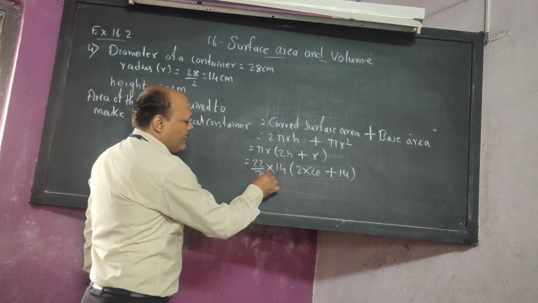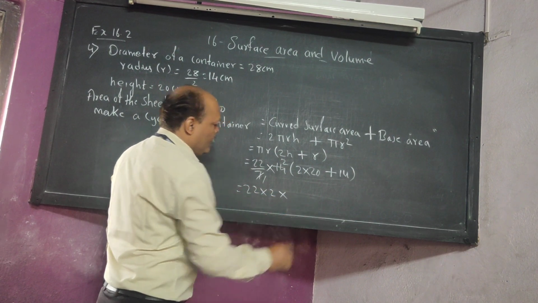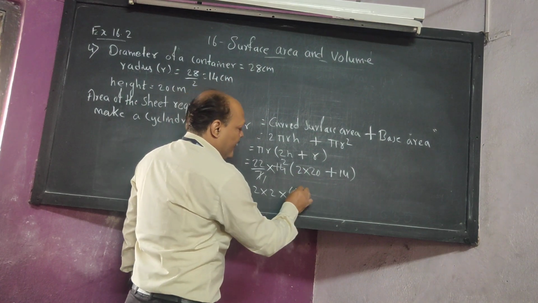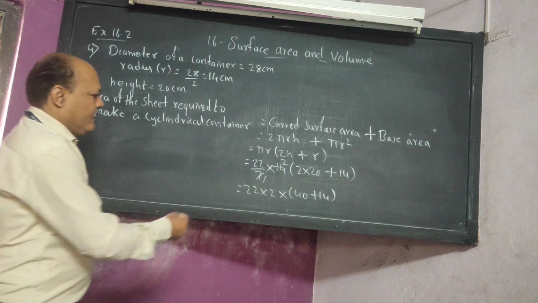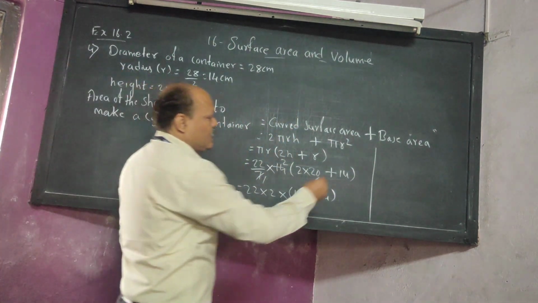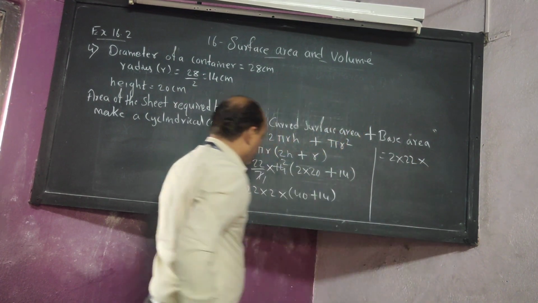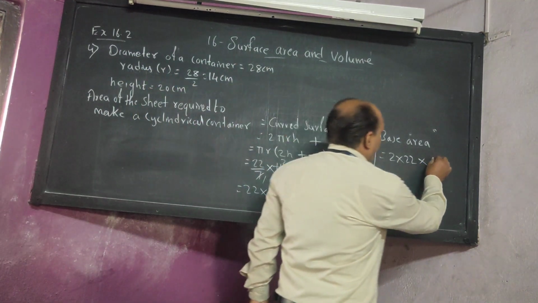Now cancellation: 7 ones are, 7 twos are. That is 2 into 2 into... Now how much are you going to get? 2 20s are 40 plus 14. So here we will multiply. That is 2 into 22 into 40 plus 14. 40 plus 14 is how much? 54.